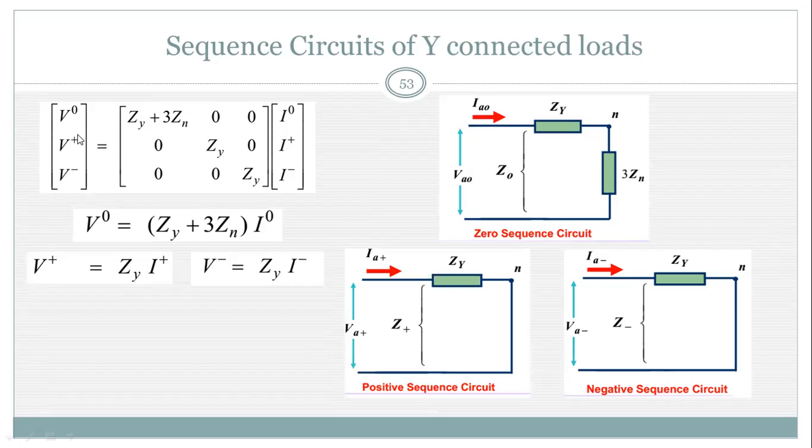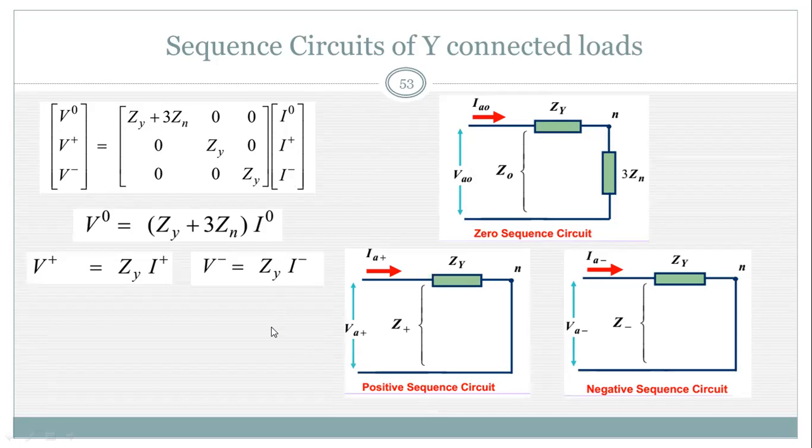The zero sequence voltage equation: V naught is equal to I naught into ZY plus 3ZN. The positive sequence voltage equation: V plus or V1 is equal to I plus or I1 into ZY. Similarly, the negative sequence voltage equation: V minus or V2 is equal to ZY into I minus or I2.